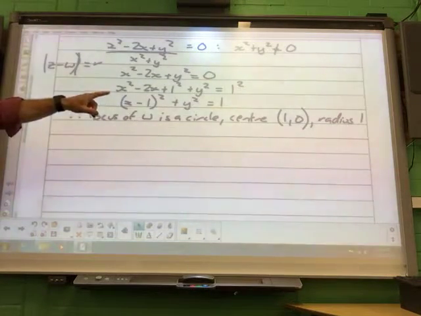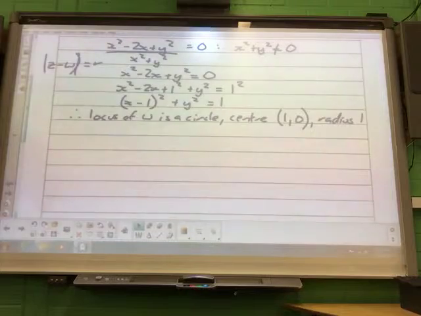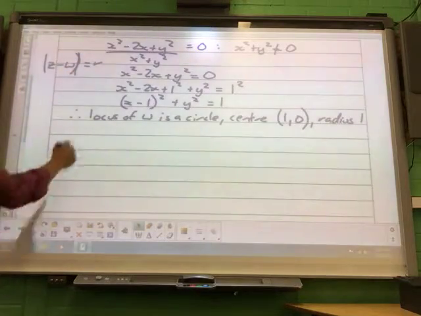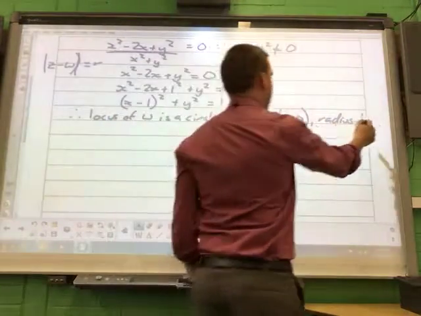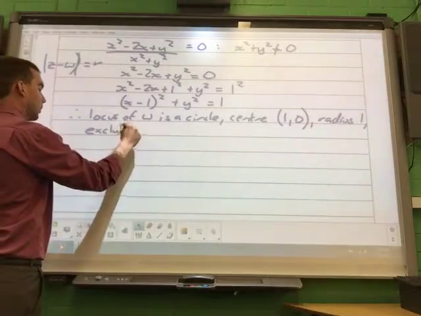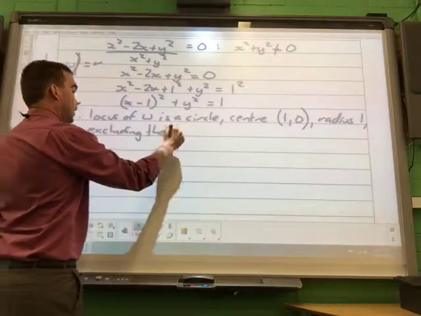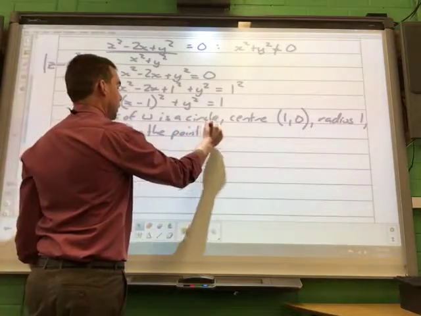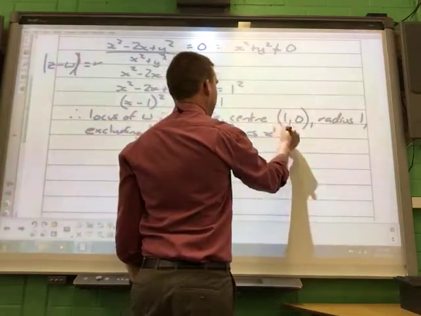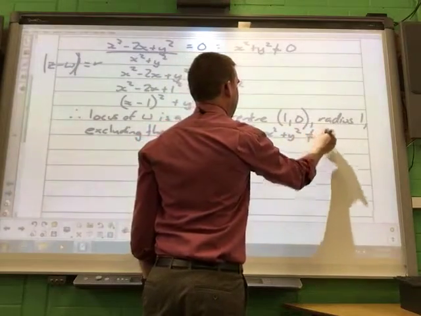And of course, that circle's circumference would go through the origin, because x squared plus y squared becomes 0. So the locus is a circle of radius 1 excluding the point 0, 0, as x squared plus y squared cannot equal 0.